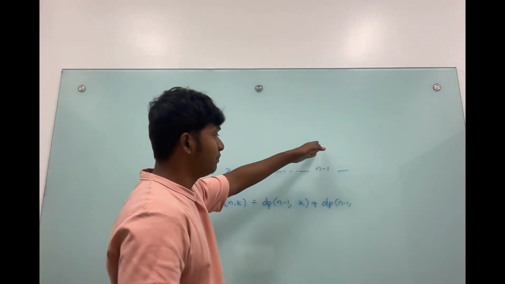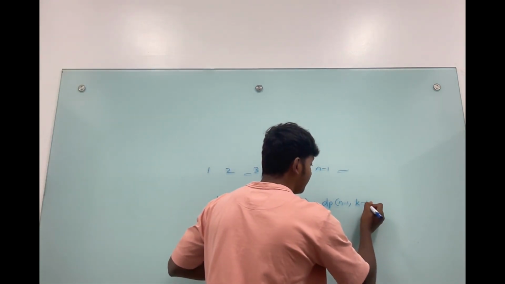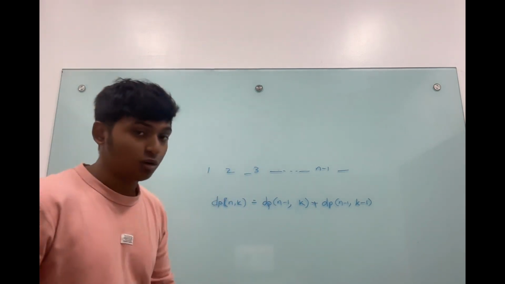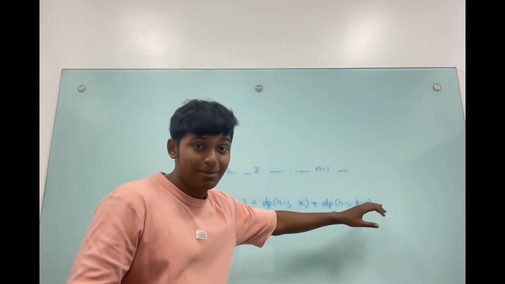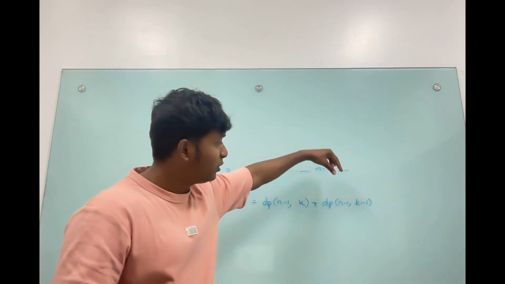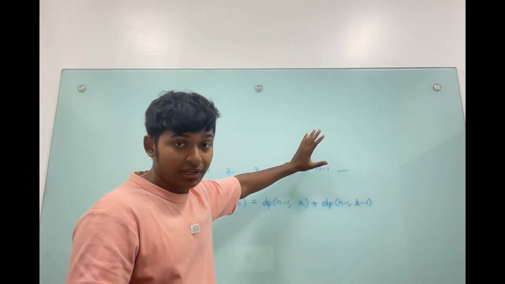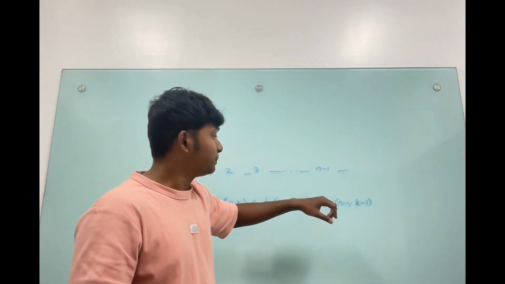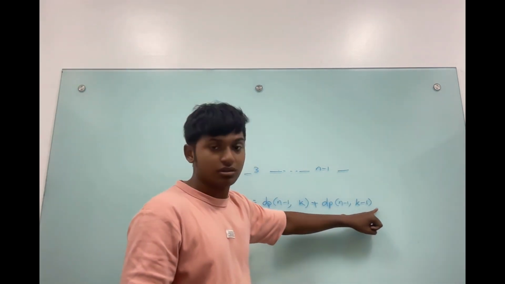k minus 1. Imagine an array of size n minus 1 which has k minus 1 inverse pairs. If I put the element just before the n minus 1, then the number of inverse pairs will increase to k. So we can use all these values.